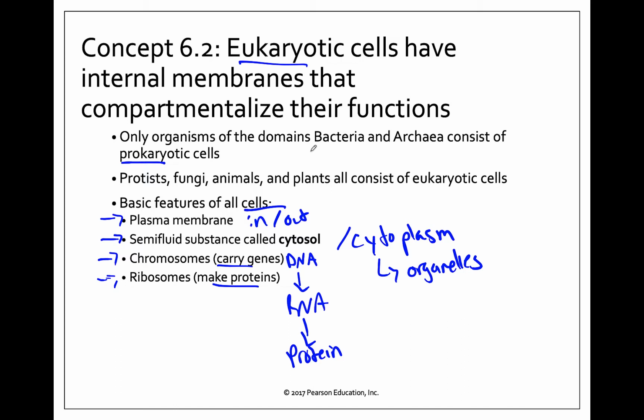And we've looked at several of these kingdoms. There are two domains, bacteria and archaea, which are going to be prokaryotic. Pro here means before, and karyon means nucleus. So the word prokaryotic literally means before nucleus.